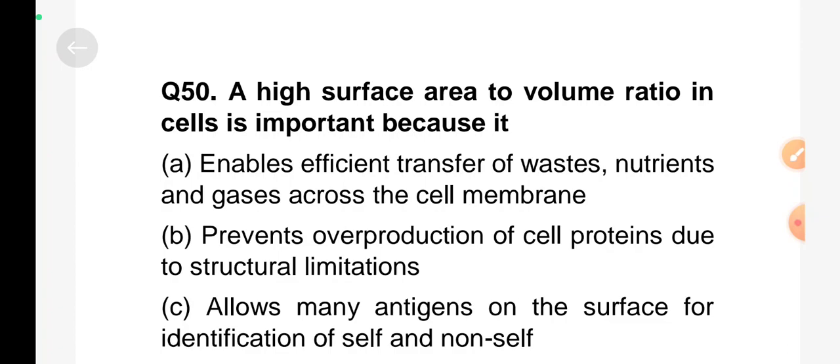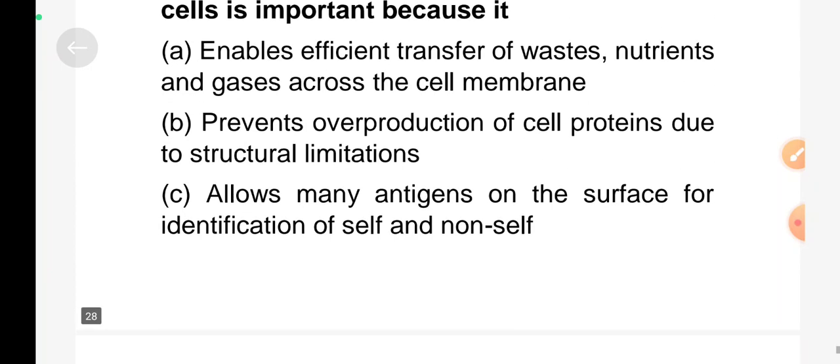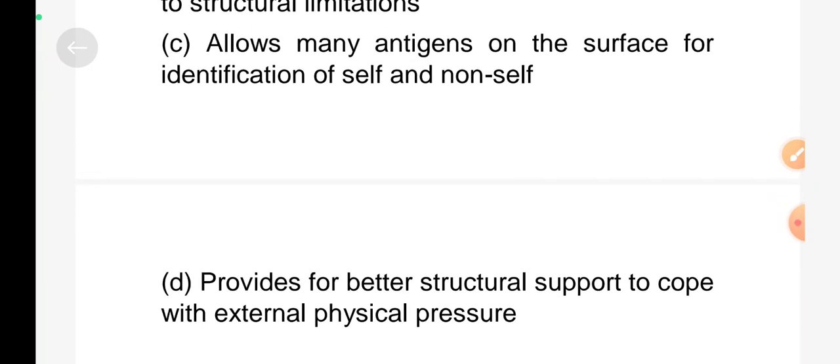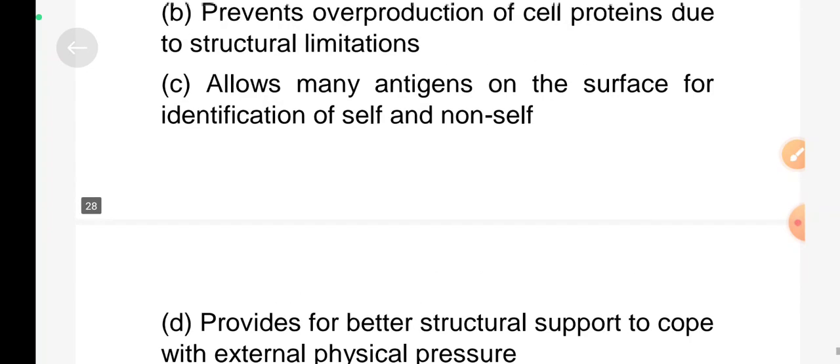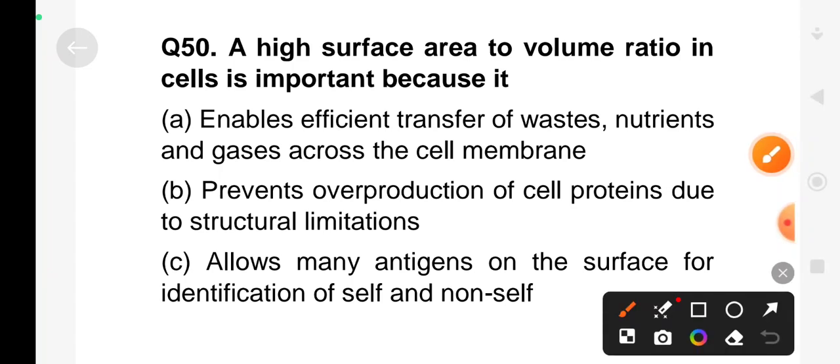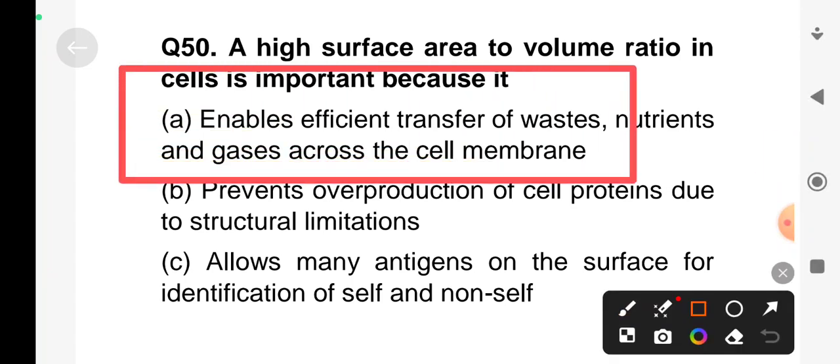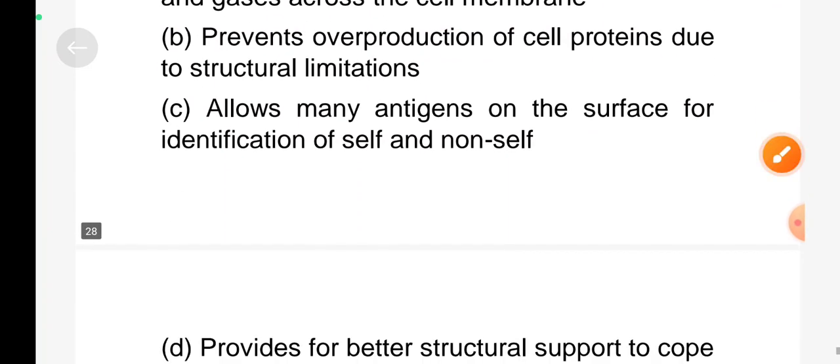Option B, prevents overproduction of cell protein due to structural limitation. Option C, allows many antigens on the surface for identification of self and non-self. Option D, provides for better structural support to cope with external physical pressure. Right answer is option A. Enables efficient transfer of waste, nutrients and gases across the cell membrane.